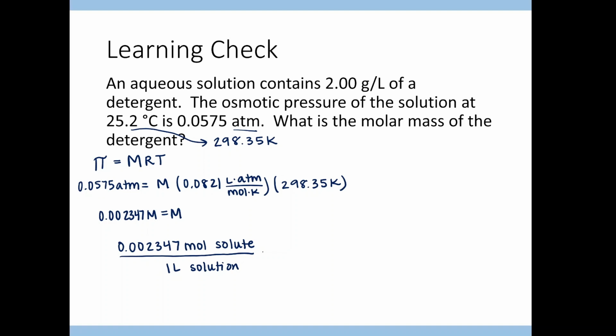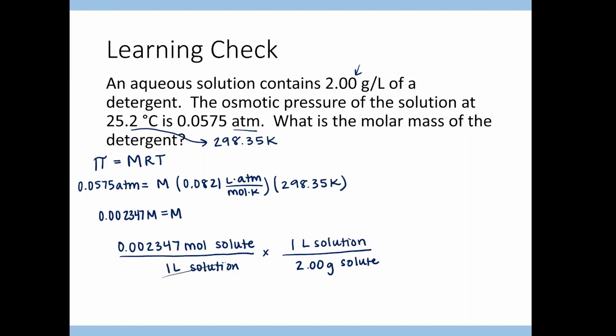Let's say we have a 1 liter solution, then in that solution we have 2 grams. So we can use that conversion. We also know that in 1 liter of solution, there are 2.00 grams of solute.